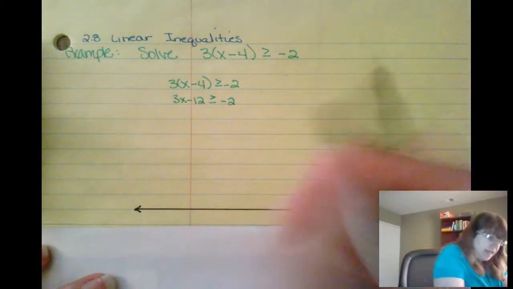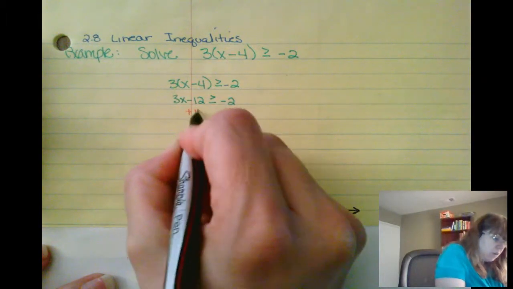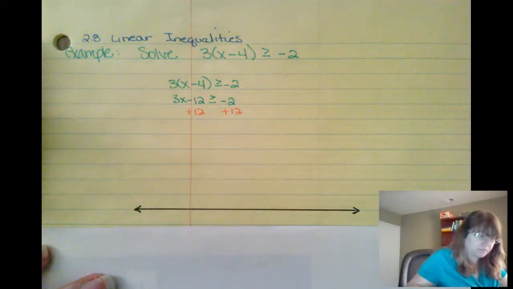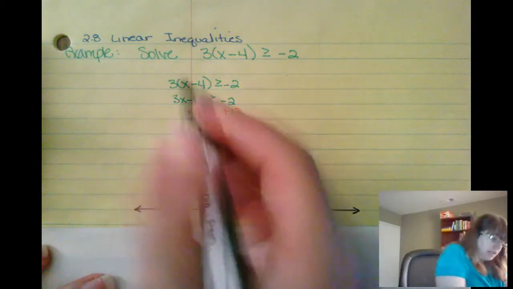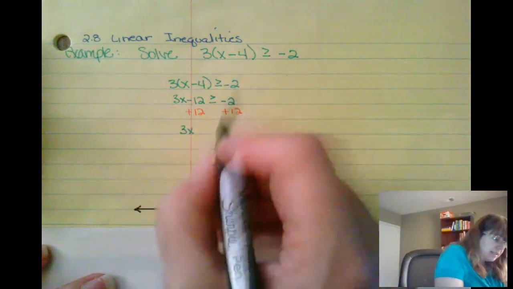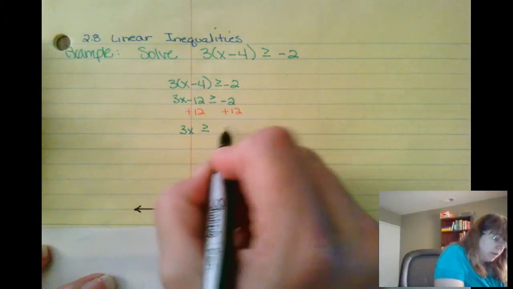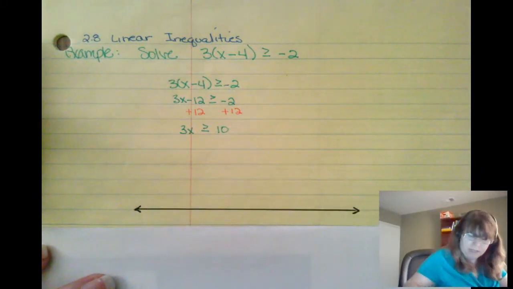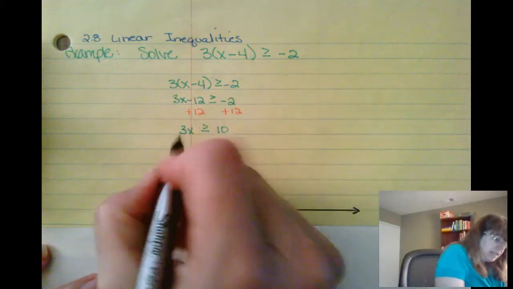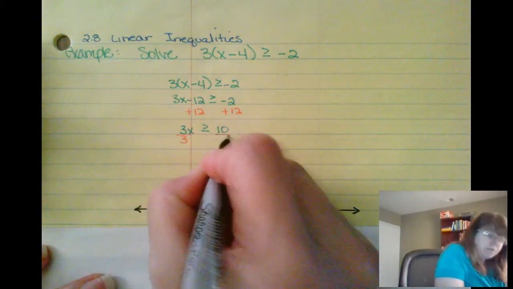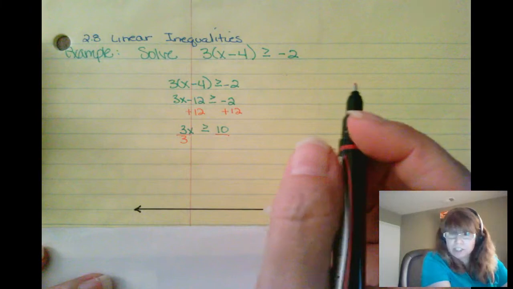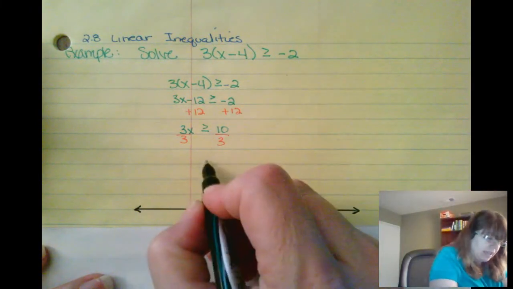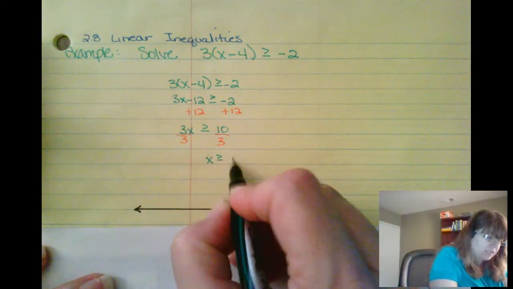I'm going to use our addition property of inequalities to add 12 to both sides, giving us 3x is greater than or equal to 10. I'm going to divide each side by 3. Since I'm dividing by a positive number, I don't need to change my inequality sign, leaving me with x is greater than or equal to 10/3.